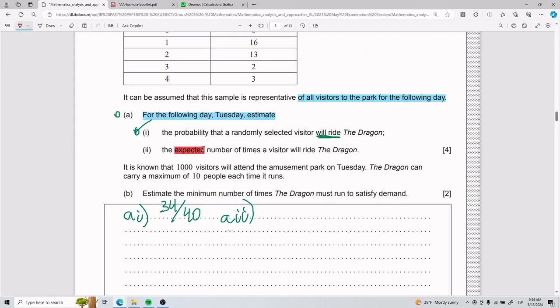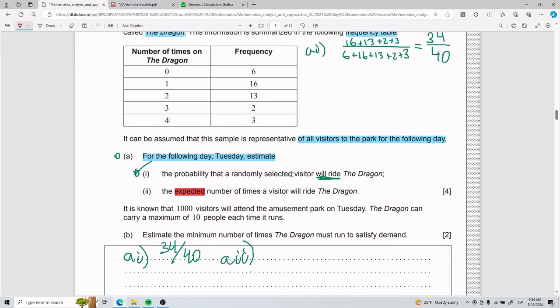Once you realize that they're asking for expected, it's suddenly very easy to do this. All you need to do for expected is a very visual approach. You're going to be doing, for example, this times the probability of that, this times the probability of that, and so on and so forth.